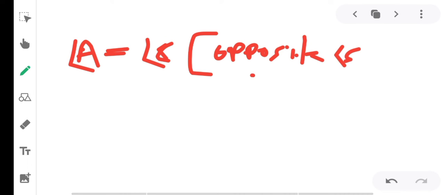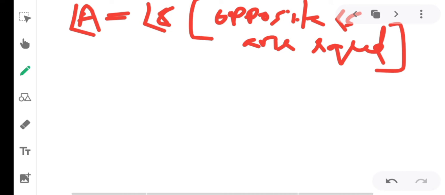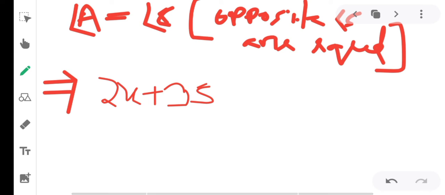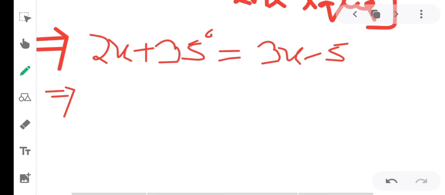Then what is the value of x? The value of A is how much? 2x plus 35 degrees. 2x plus 35 degrees equals angle C, which is 3x minus 5. So 2x plus 35 equals 3x minus 5.